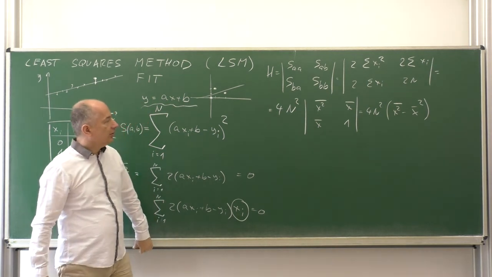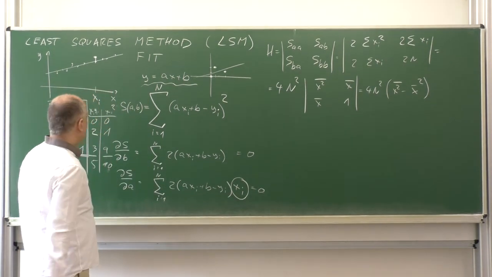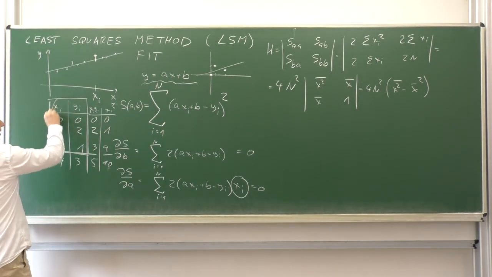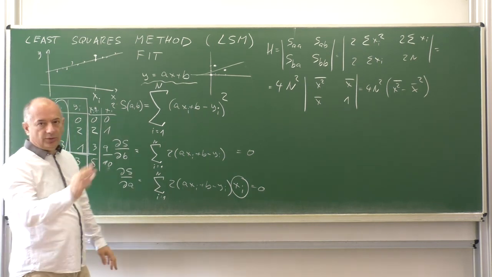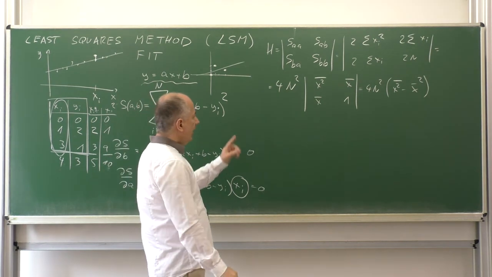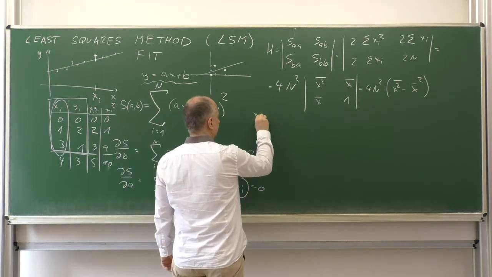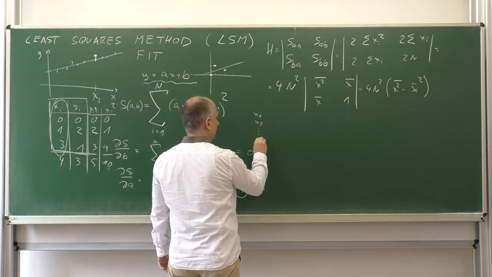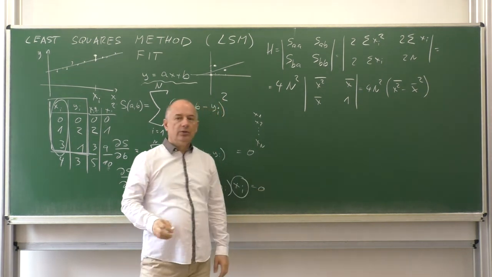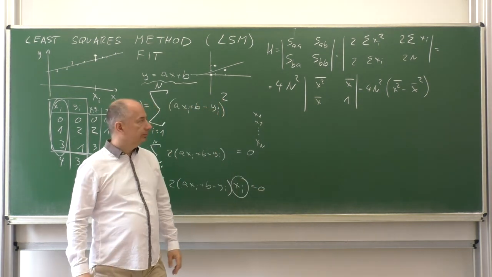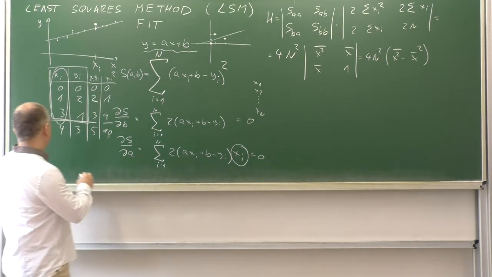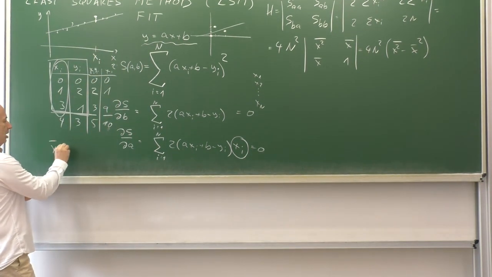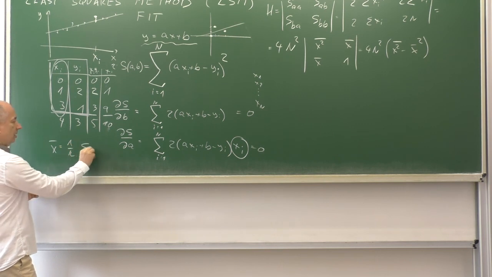To show this, consider the following computation. We have some values, x1, x2, x3, possibly more of them. Having these values, x1, x2, up to xn, we can consider the average, x bar. We had here some formula for the average. X bar is 1 over n, sum of xi.